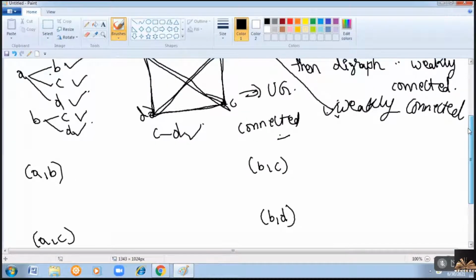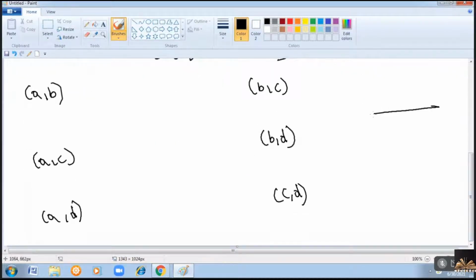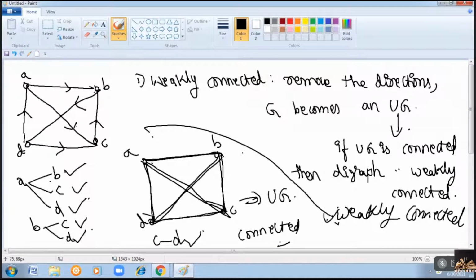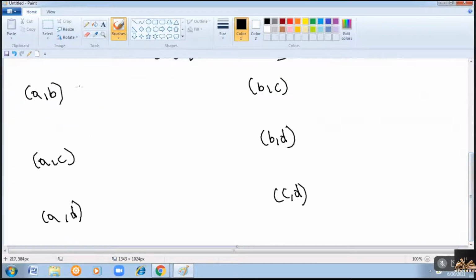Here, when you observe this graph, let me draw the graph here again. So consider the pair A comma B. When you consider this pair, you have a direction from A to B. That means you can say that B is reachable from A. Clear?